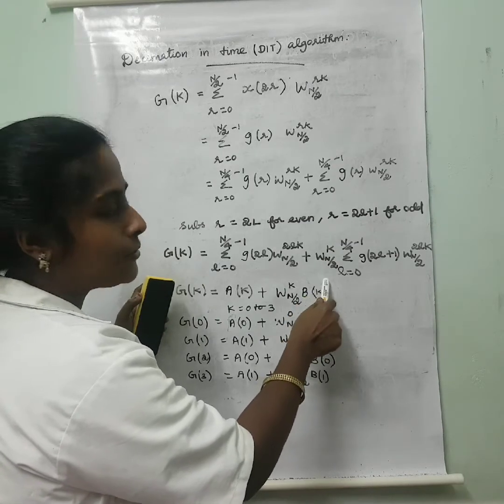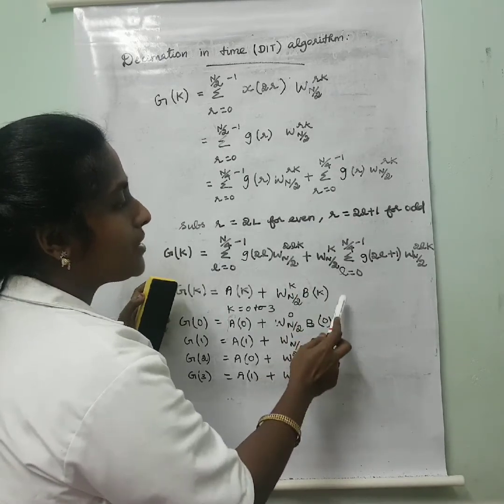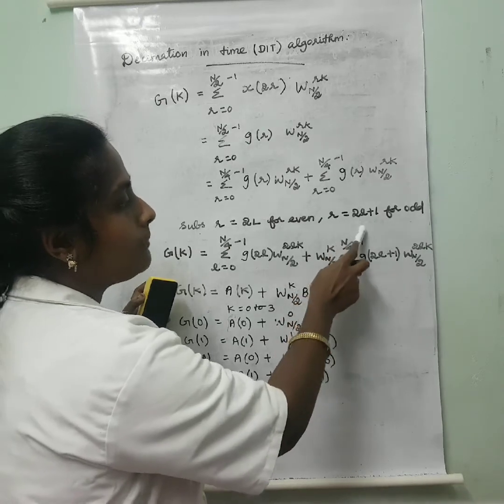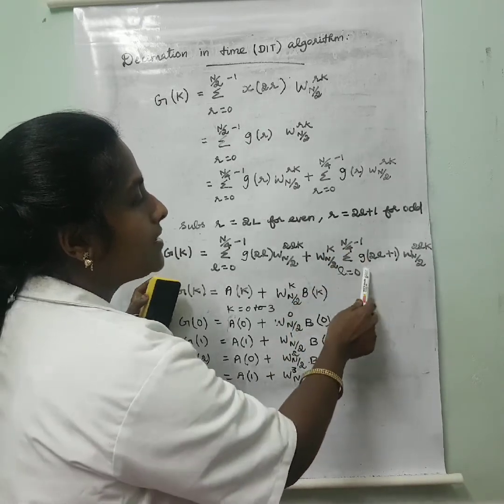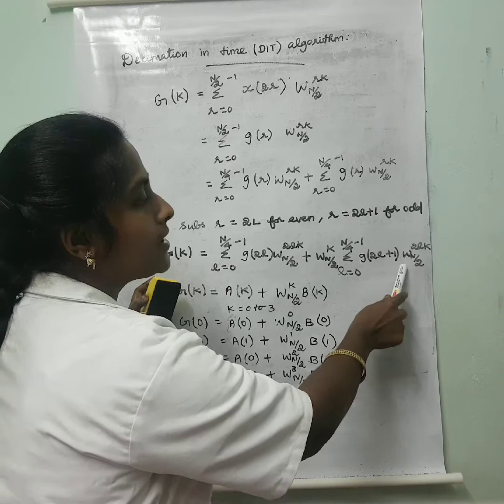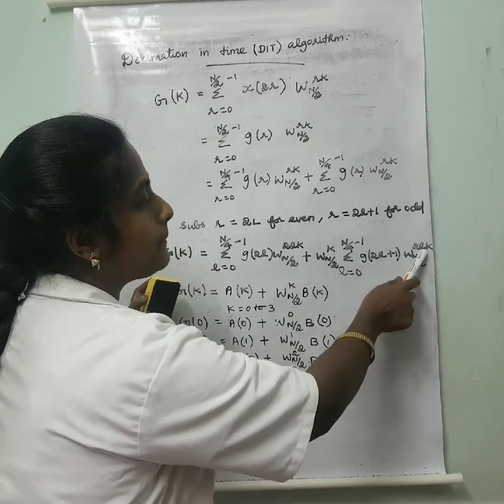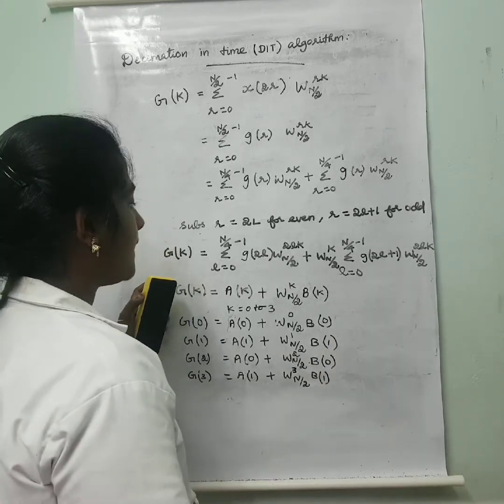So, W N by 2 to the power k into summation l equal to 0 to N by 4 minus 1 into g of 2l plus 1 into W N by 2 to the power 2lk.